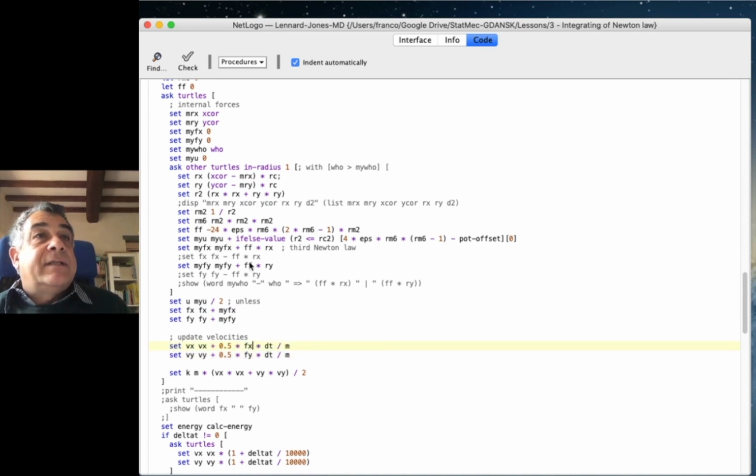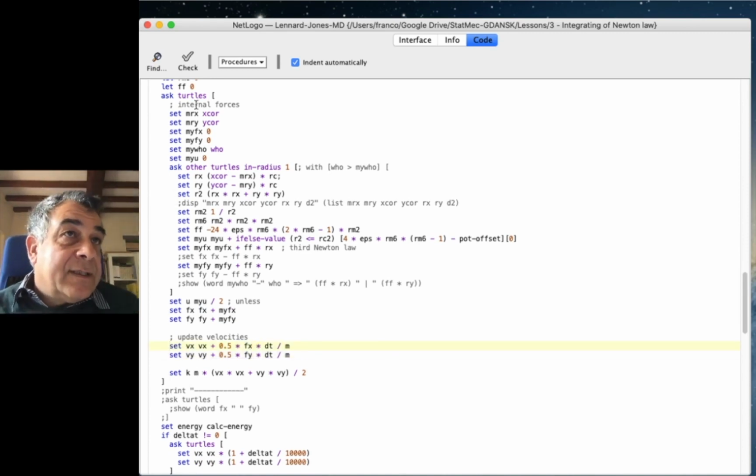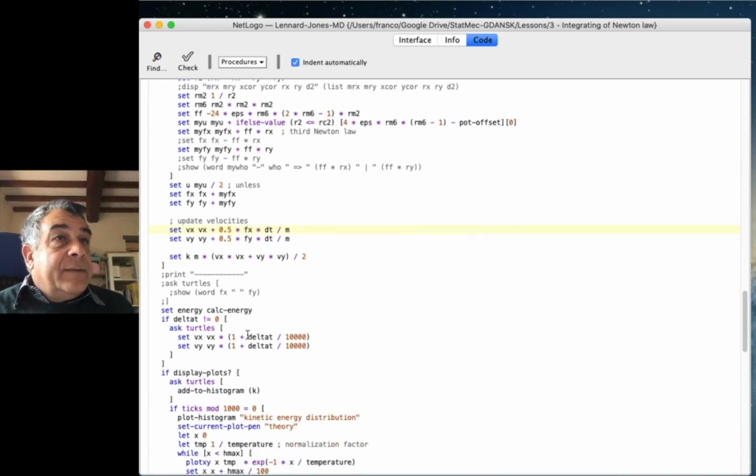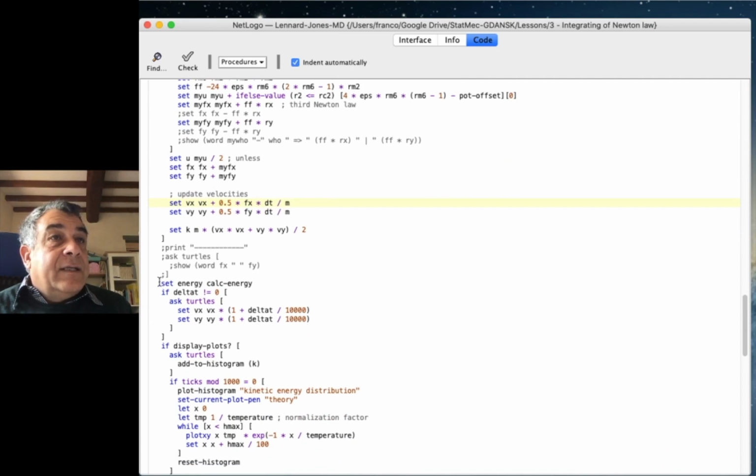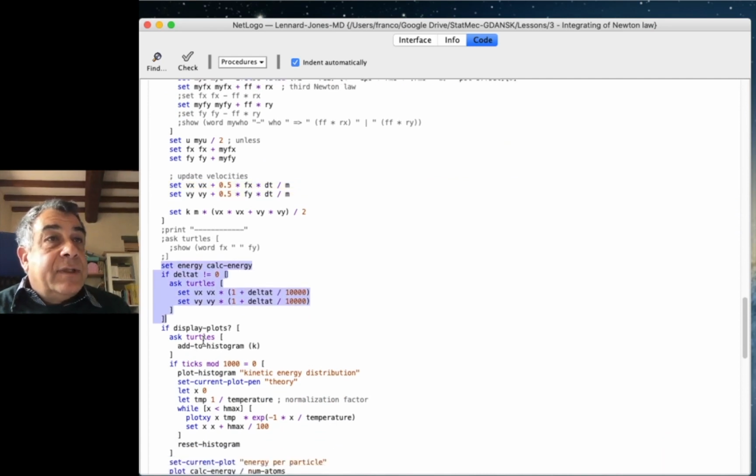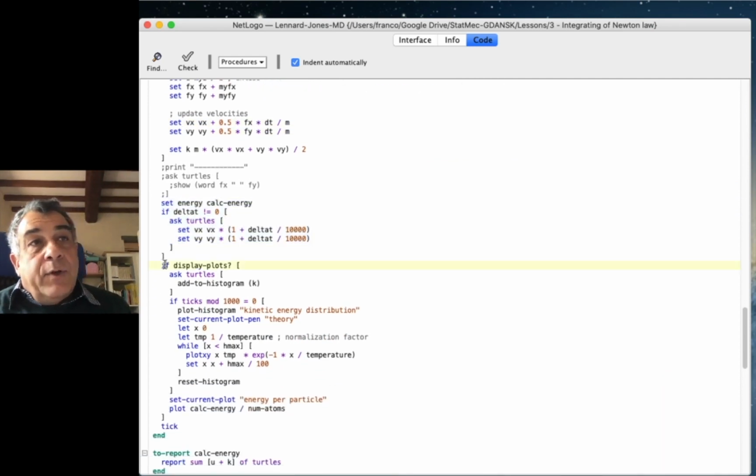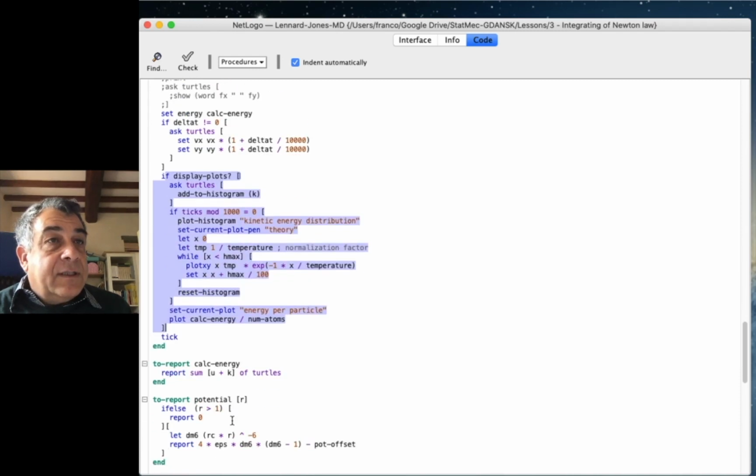So you have seen that the computation is a bit heavy, and then I can compute energy and plots, which are not considered here, and that's all.